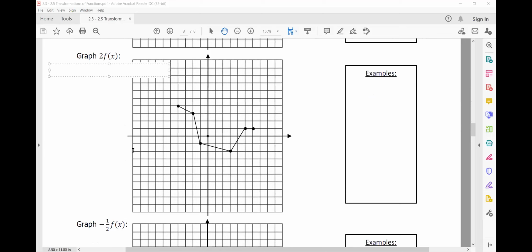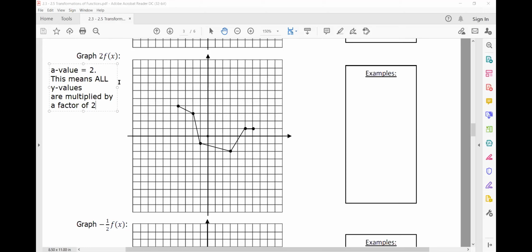So as I said before, in this case, the A value equals 2. This means all Y values are multiplied by a factor of 2.